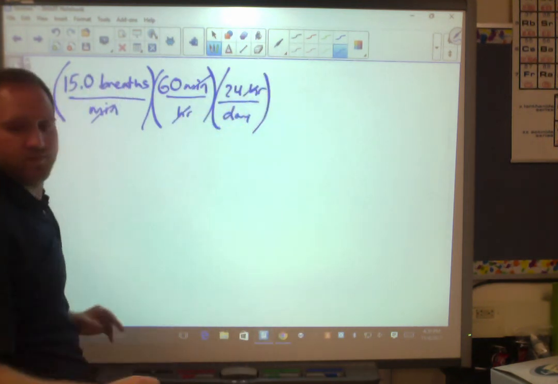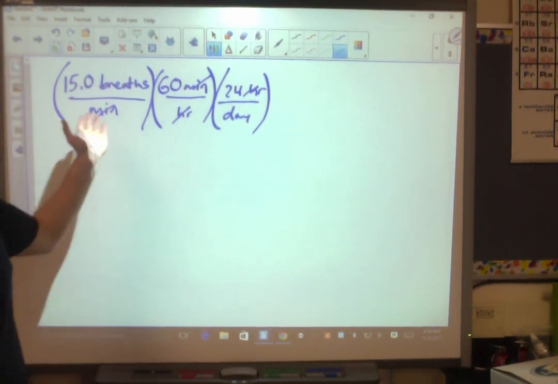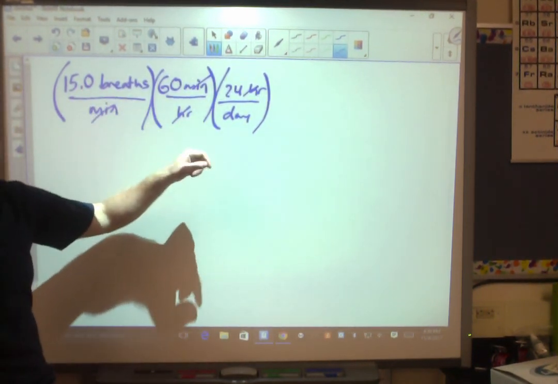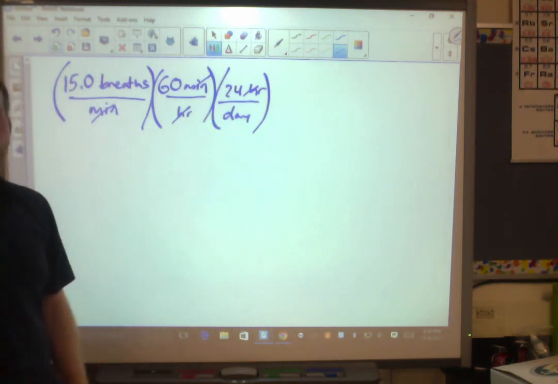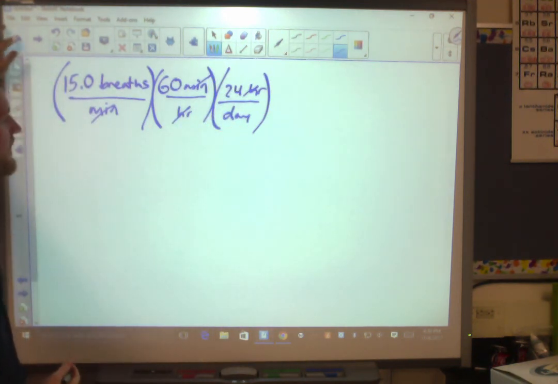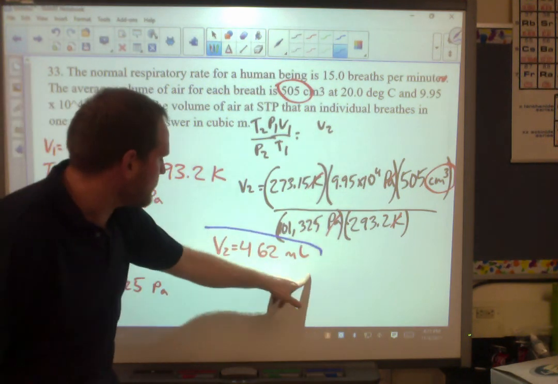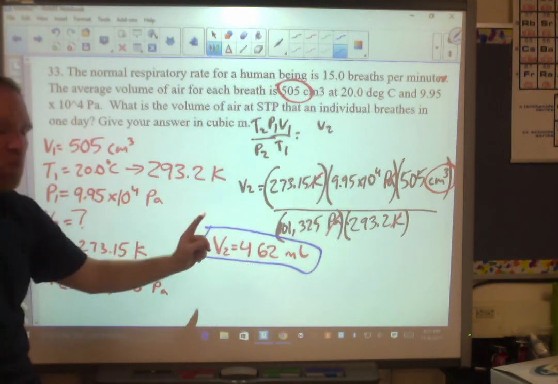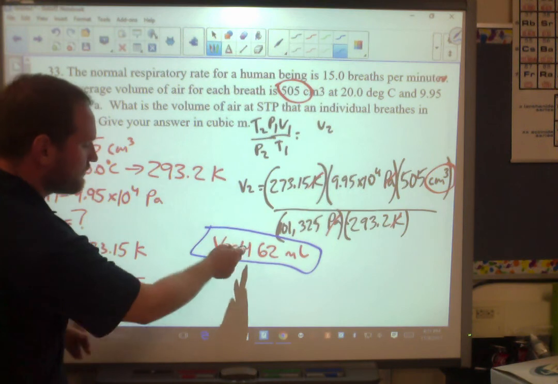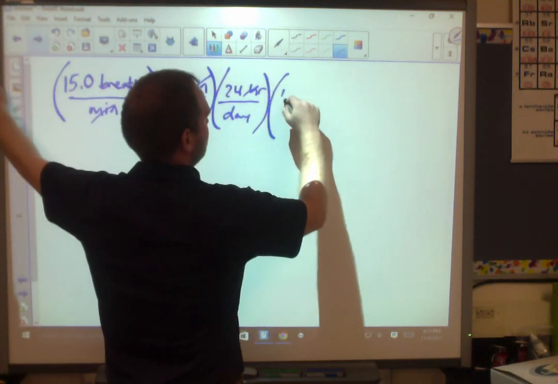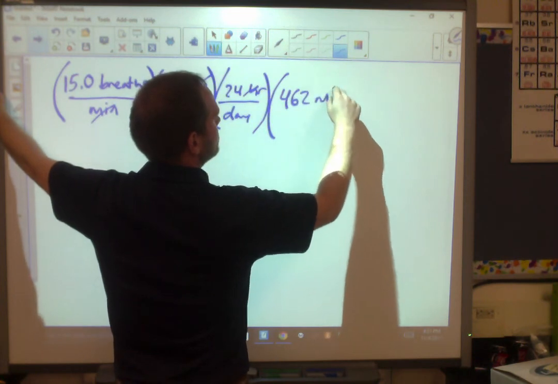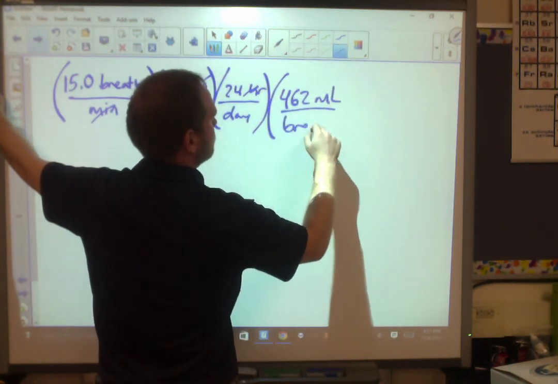Hour, hour. Now, if I just solve this out, it's going to give me how many breaths in a day. And then I can multiply those number of breaths by the volume. But let's just tack on a conversion factor and do that all in one step. I already worked out a conversion. This is one breath. So one breath at STP equals 462 milliliters. Times 462 milliliters per breath.